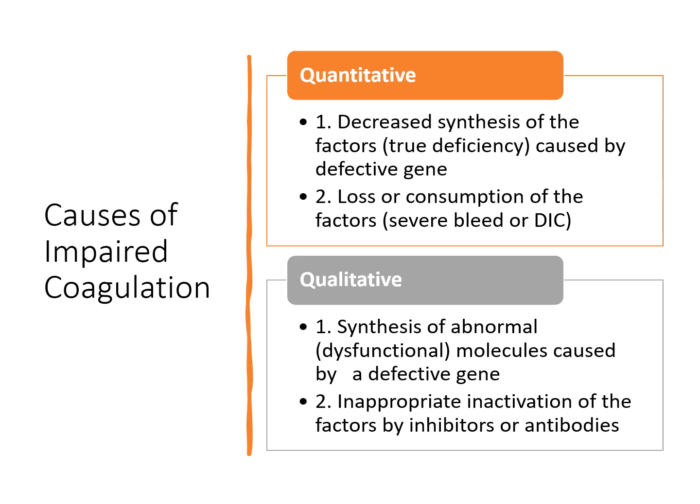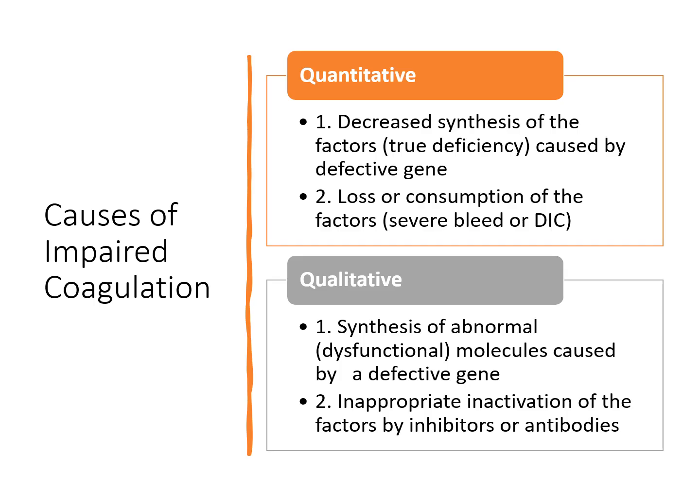The first quantitative impairment is a decreased synthesis of our coagulation factors. This is considered to be a true deficiency, and it is caused by a genetic defect or a defective gene, some type of inherited pattern from one's parents.